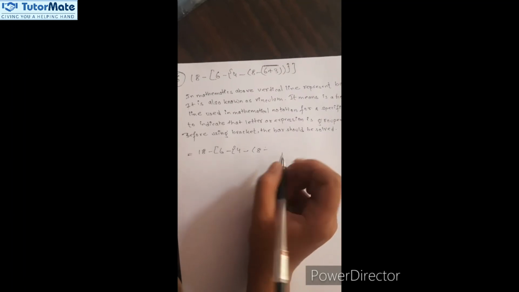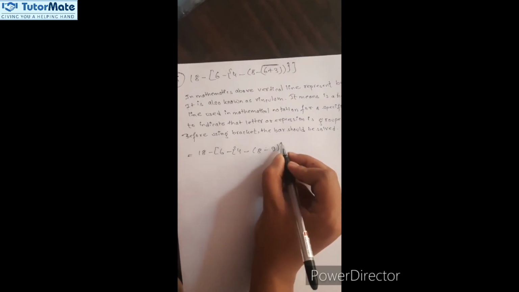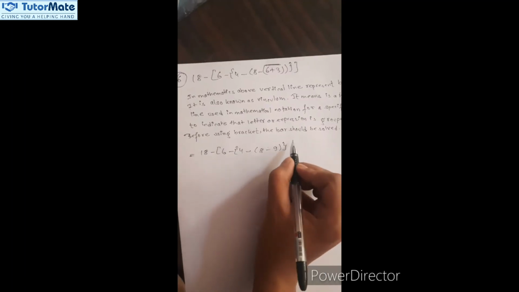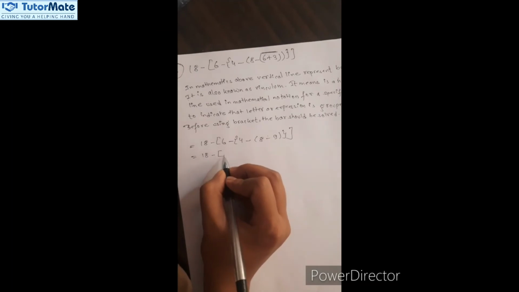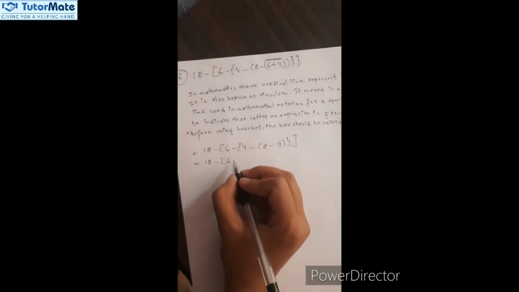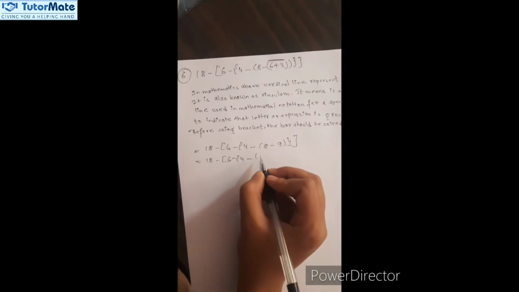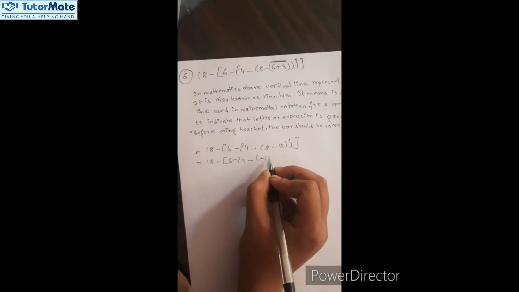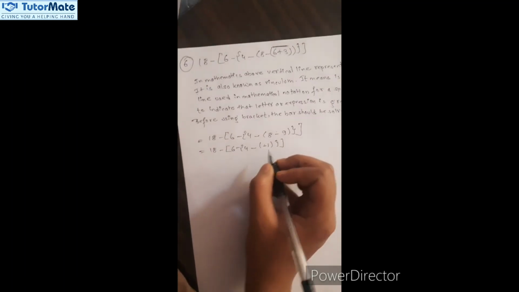So 6 plus 3 equals 9. Bracket close, small bracket close, curly bracket close, then big bracket close. 18 minus 6 minus curly bracket 4 minus 8 minus 9, that means minus 1. Small bracket close, curly bracket close, big bracket close.